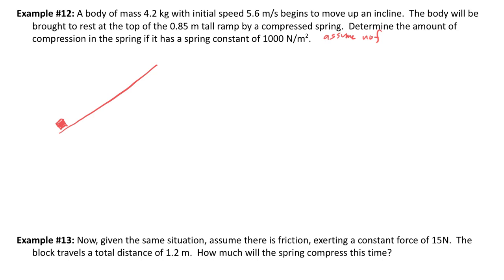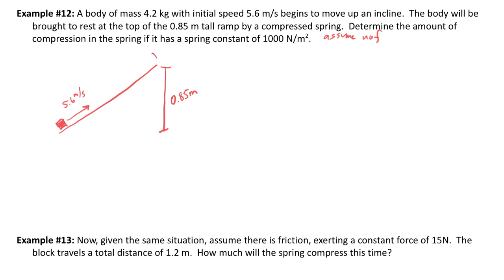We're going to assume that the ramp is smooth. So it's moving upwards with a speed of 5.6 meters per second. As it goes up, it says that the ramp is 0.85 meters tall. So that's going to be important here, 0.85 meters tall.